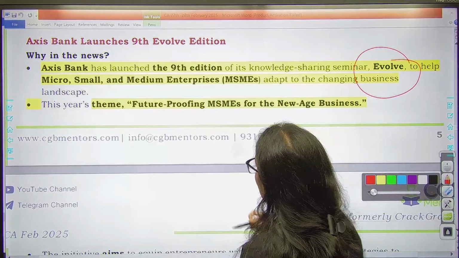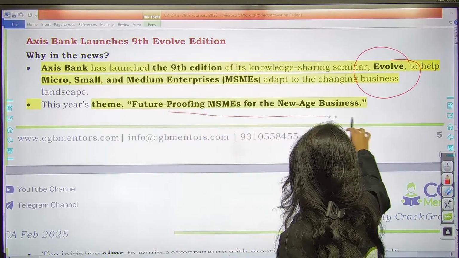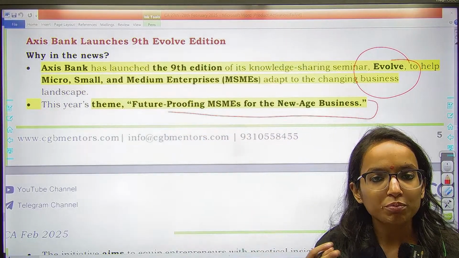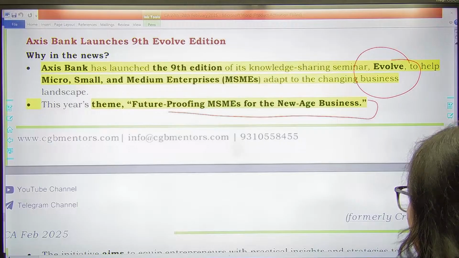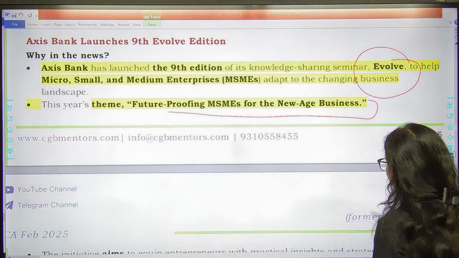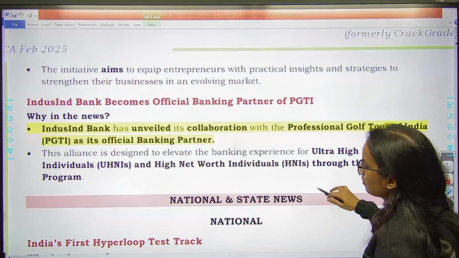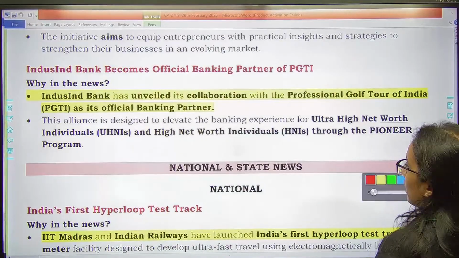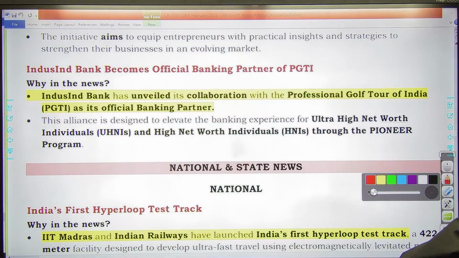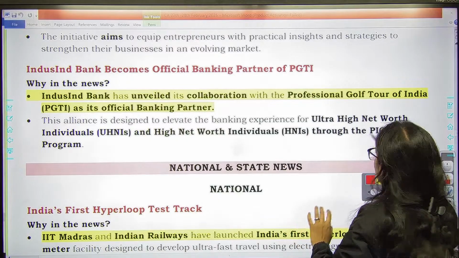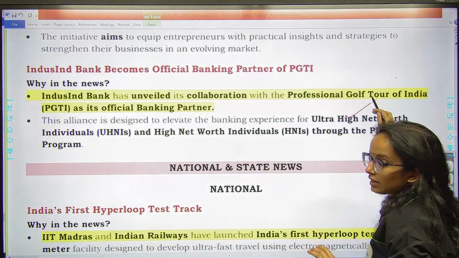Remember, theme was future-proofing MSMEs for the new age business environment. Next is IndusInd Bank has unveiled its collaboration with Professional Golf Tour India as its official banking partner. So remember this thing. IndusInd Bank becomes official banking partner of PGTI.